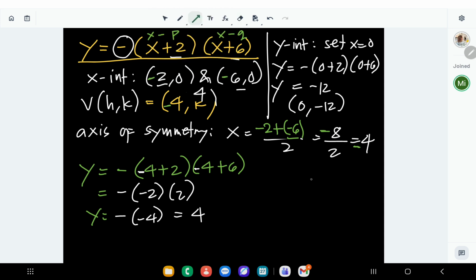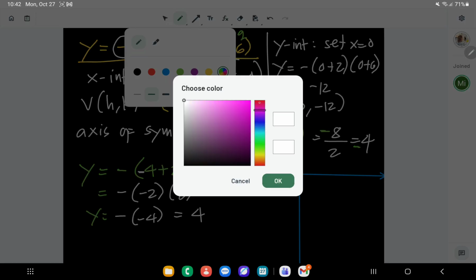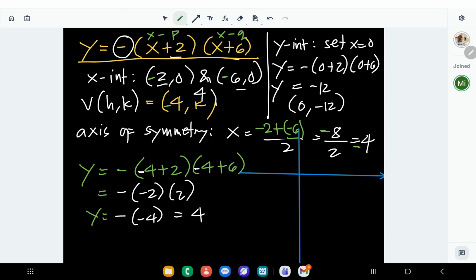We graph. Okay, we graph this. Can you see me graphing here? Okay, vertex (negative 4, 4). So this is 1, 2, 3, 4, negative 4, and then 1, 2, 3, 4.